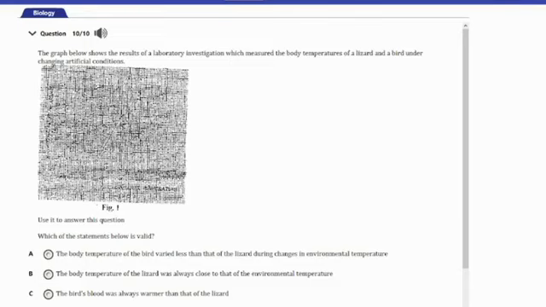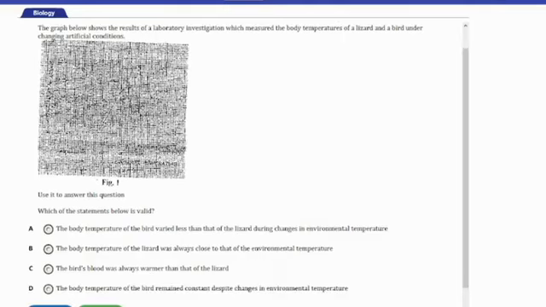B. The body temperature of the lizard is always close to that of the environmental temperature. C. The bird's blood was always warmer than that of the lizard. And D. The body temperature of the bird remained constant despite changes in environmental temperature.